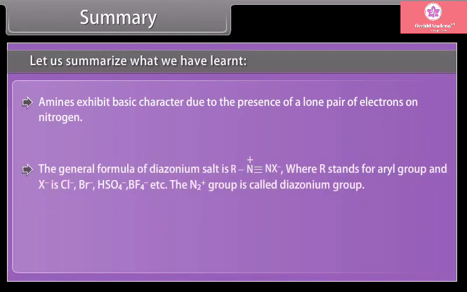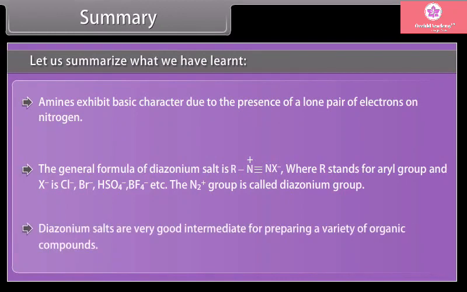The general formula of diazonium salt is RN2+ X−, where R stands for aryl group and X− is chloride ion, bromide ion, hydrogen sulfate ion, tetrafluoroborate ion. The N2+ group is called diazonium group. Diazonium salts are very good intermediates for preparing a variety of organic compounds.